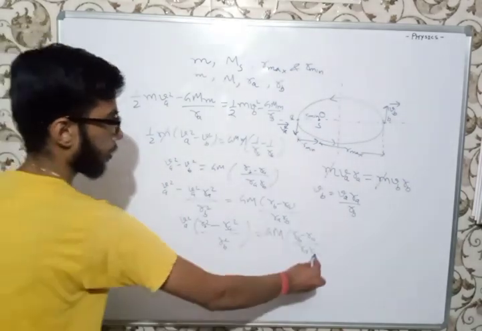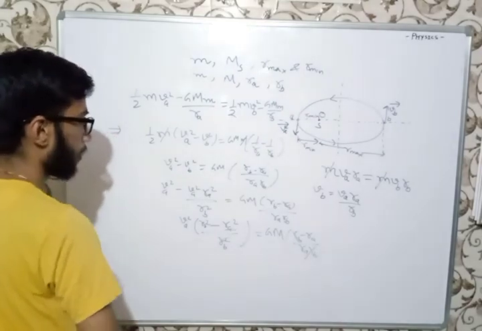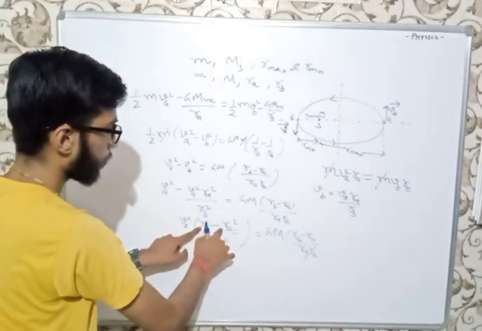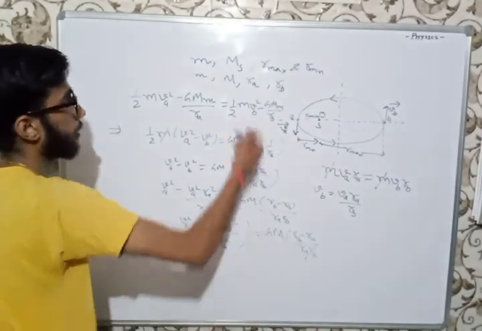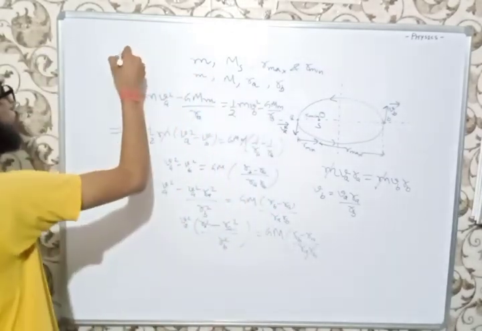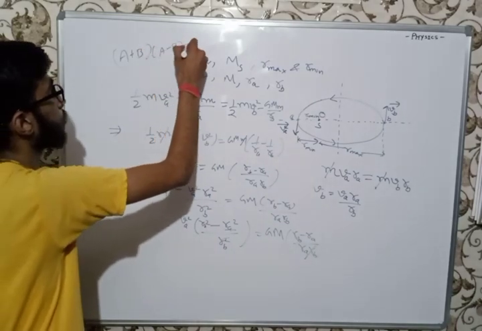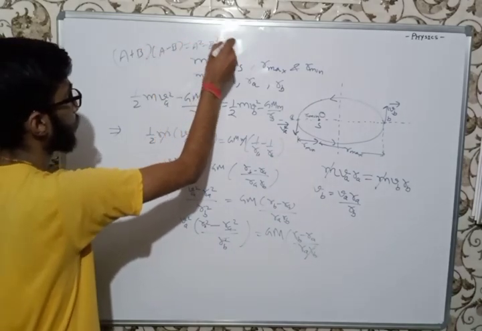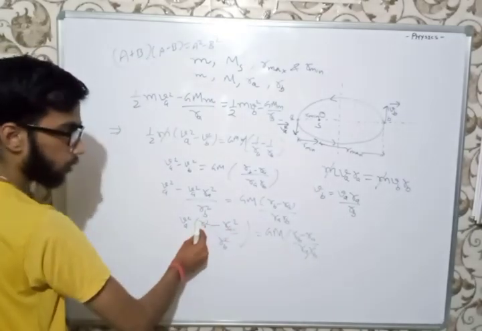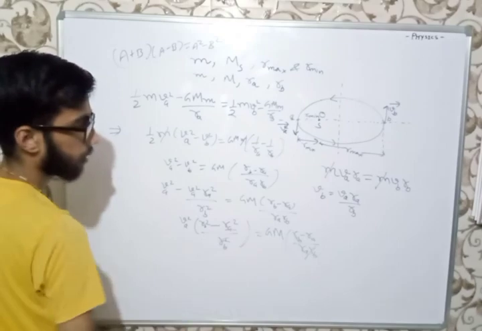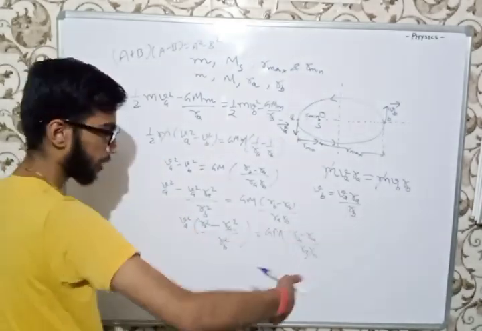Now RB square and RB will be cancelled. It is RB plus RA into RB minus RA, because of the identity that A plus B into A minus B equals A square minus B square. So it is simply RB plus RA into RB minus RA. So RB minus RA and RB minus RA will cancel each other.